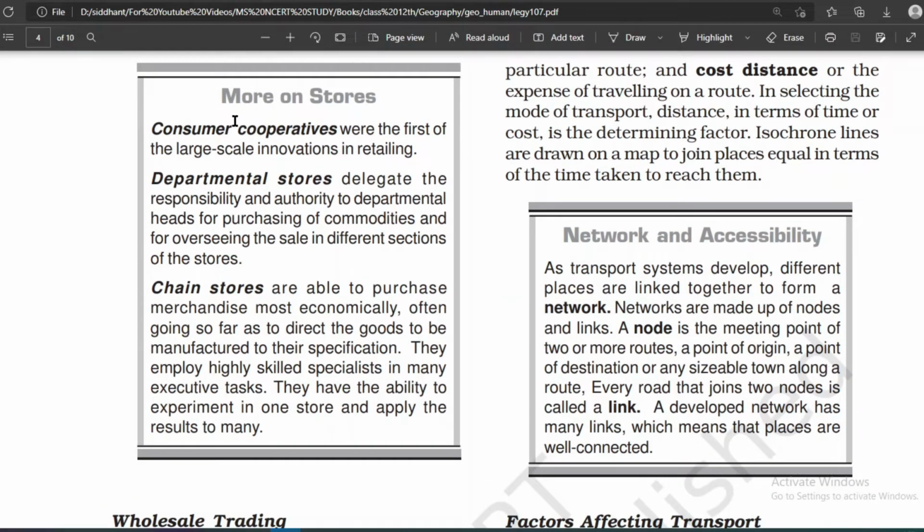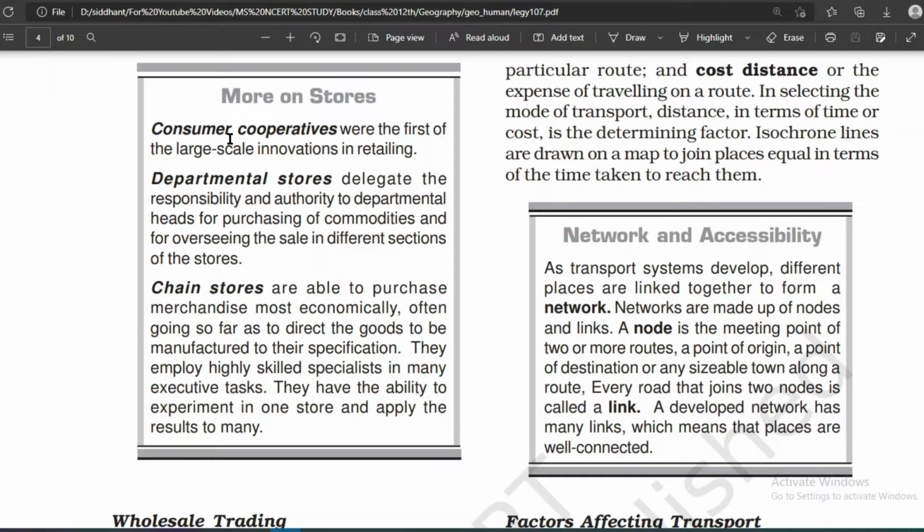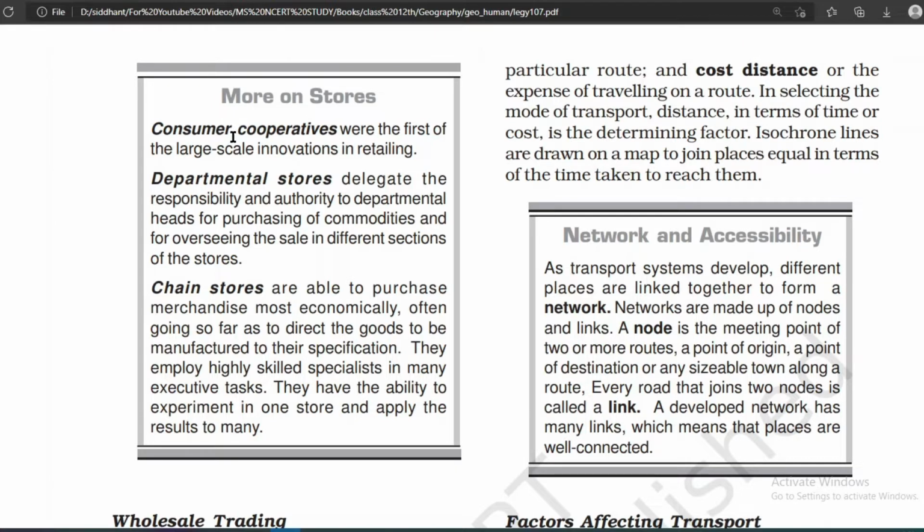More on stores. Consumer cooperatives were the first of the large-scale innovations in retailing. Departmental stores delegate the responsibility and authority to department heads for purchasing commodities and overseeing the sales in different sections of the store.